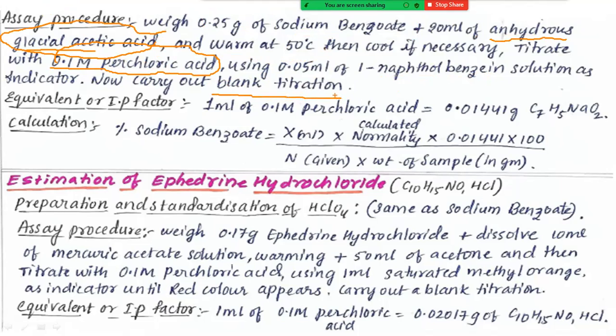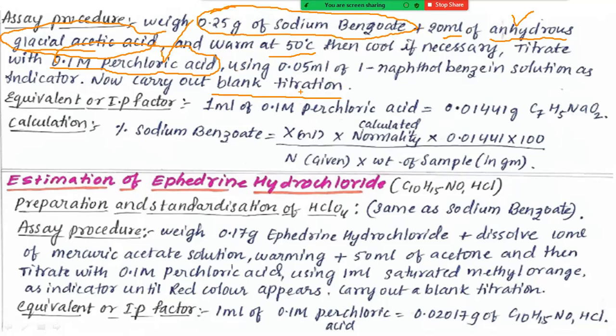So what is a blank titration? We perform the same titration method without adding any sample. That means we are not adding sodium benzoate. Without adding sodium benzoate, we simply take 20 ml of anhydrous glacial acetic acid, heat it up to 50 degrees centigrade, and then directly titrate with perchloric acid.